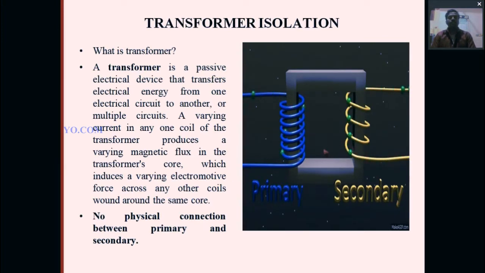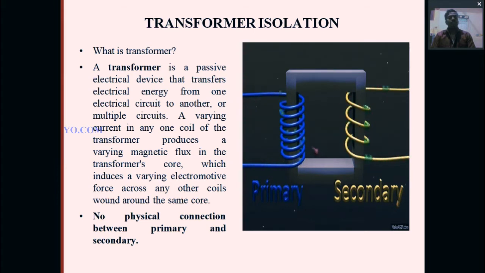Before seeing the transformer isolation, what is a transformer? See the animated diagram. We have one frame that is called the transformer core. On one side of the core we have the primary winding, and on the other side the secondary winding.